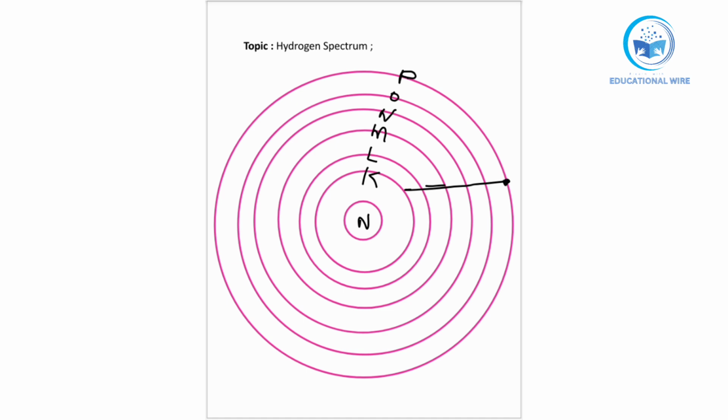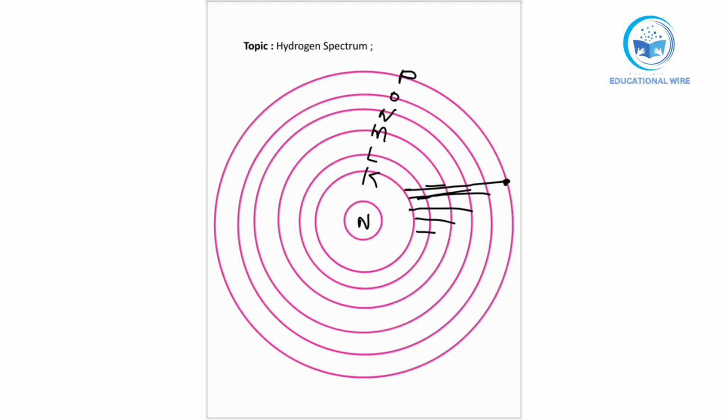So what it does is it comes to be stable at K from the O position, from N, from M, from L. It tries to become stable from all the positions, but it gets stable at the K position. Because previously heating up and having high energy, it moved upward, then lost energy and came downward. So this is the Lyman series.